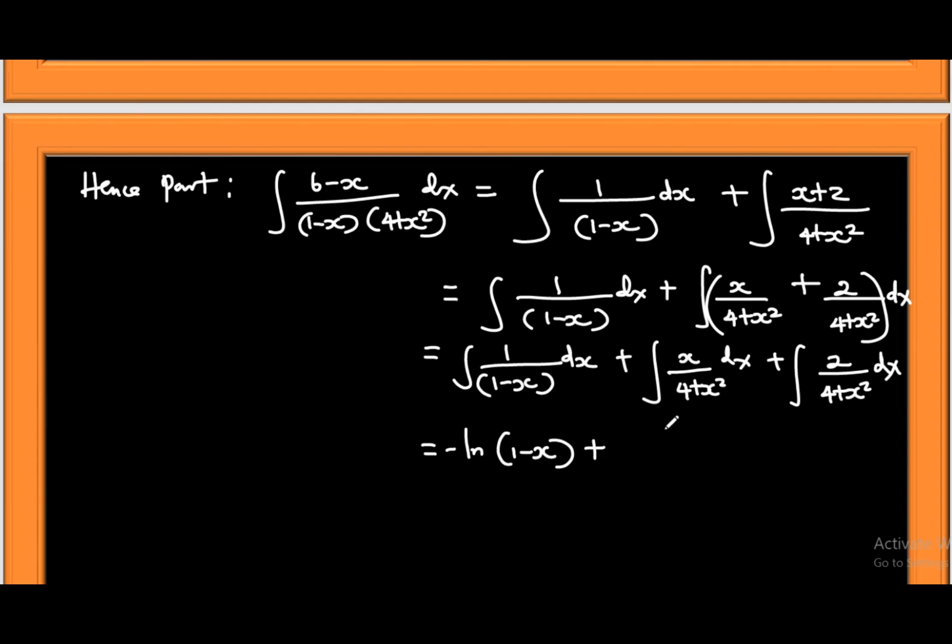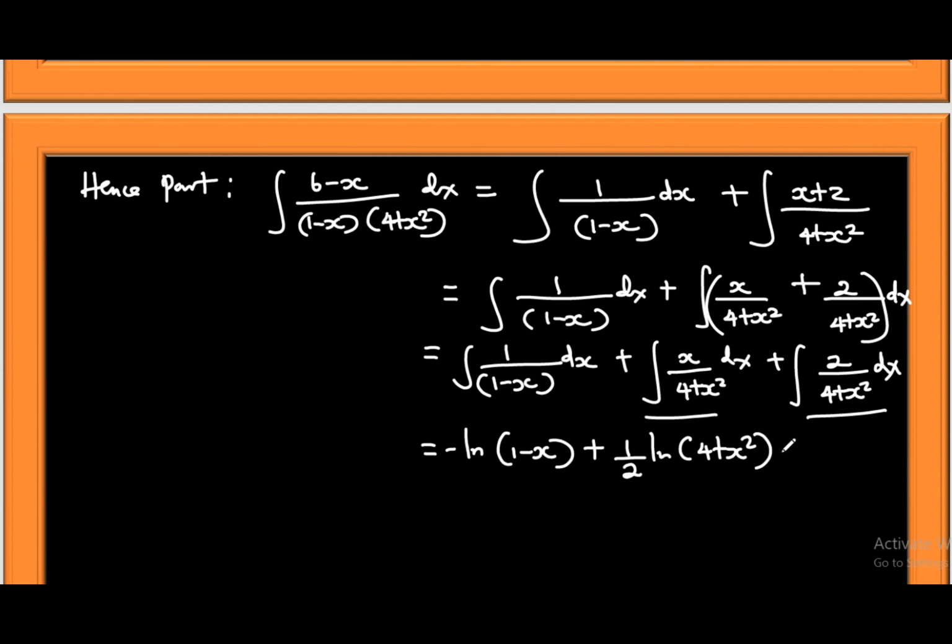Plus, now when you come to this integral here, when you carefully let u be 4 plus x squared, and you proceed as we did in change of variables, you will come up with the answer as a half natural log of 4 plus x squared. And then for the third integral, we're supposed to use tan substitution.